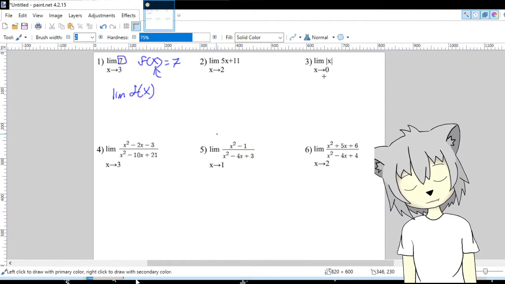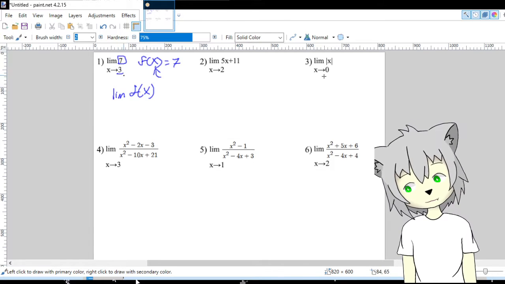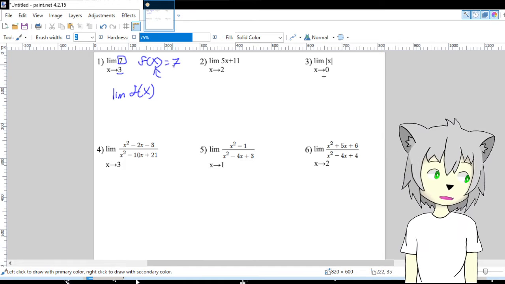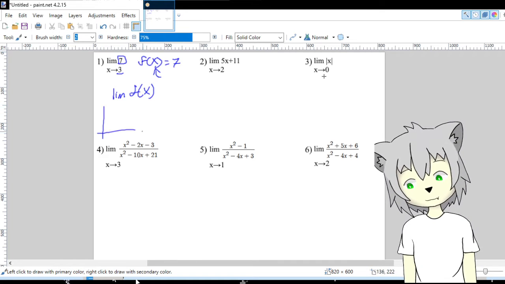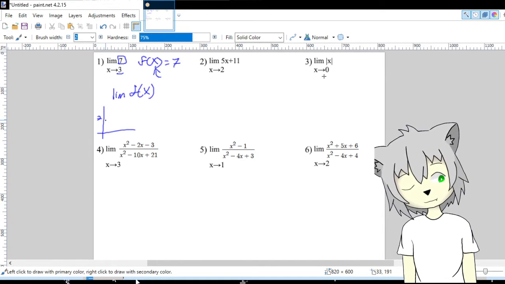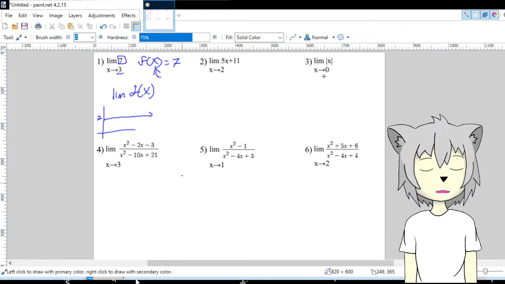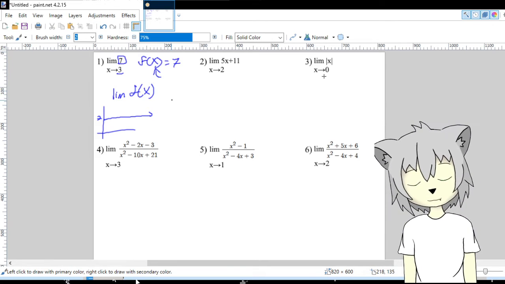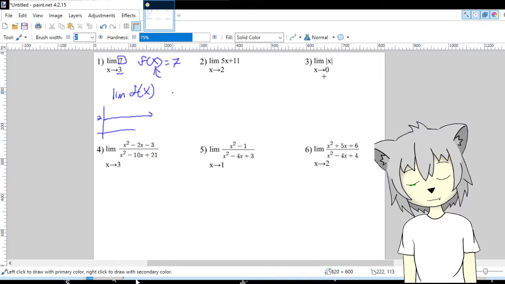Whatever you input for x, it's always going to be 7. As x approaches 3, f of x is going to continuously approach 7 because it's always 7. If you look at it in graph form, it's just a straight line at 7. So the limit of f of x, where f of x equals 7, as x approaches 3, is just straight up 7.